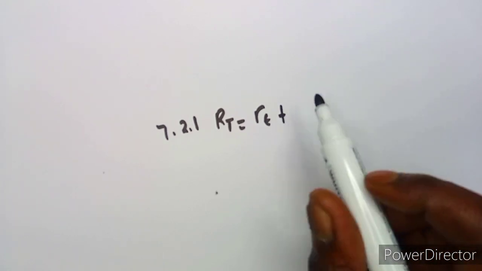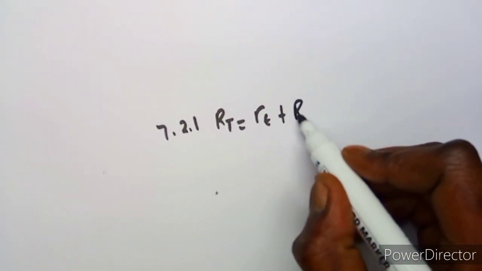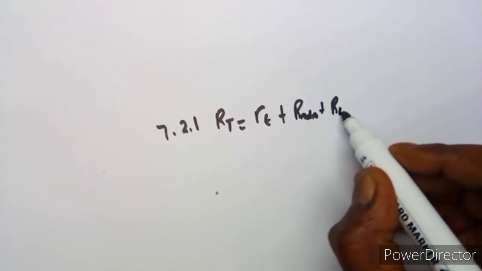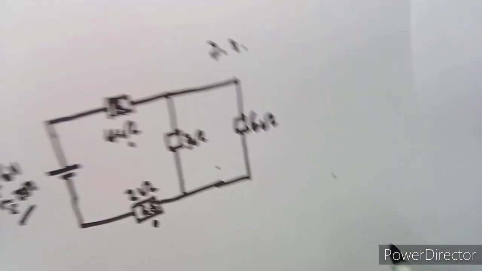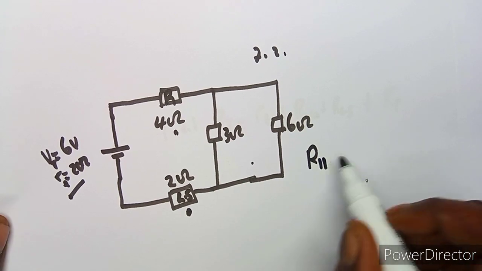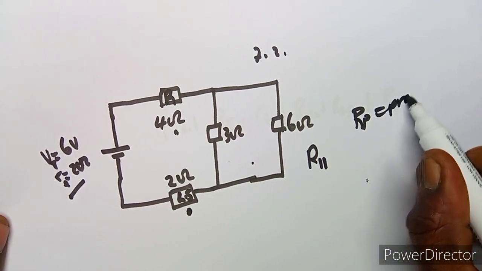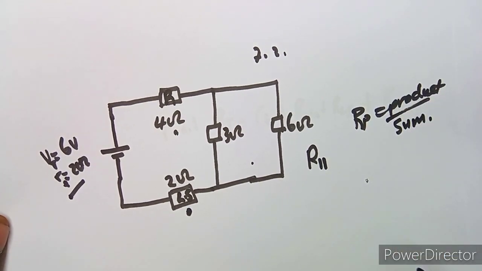So we have the resistance of the radio, R radio, plus the resistance of the loudspeaker, plus the resistance of the parallel circuit, R parallel, or you can just write it as RP. If there are two resistors like this, you can just use product over sum to obtain your answer, because there are just two resistors here, guys.